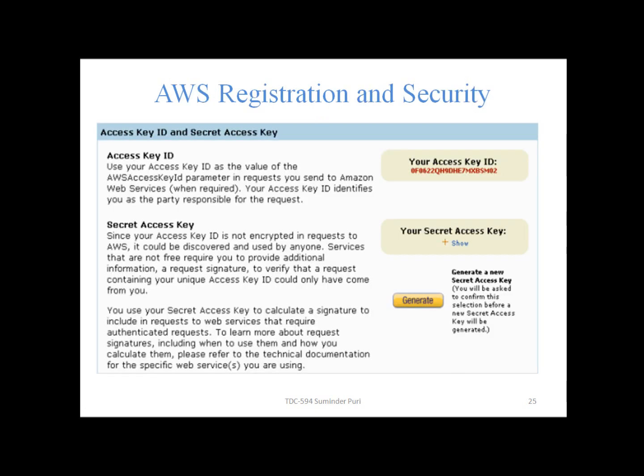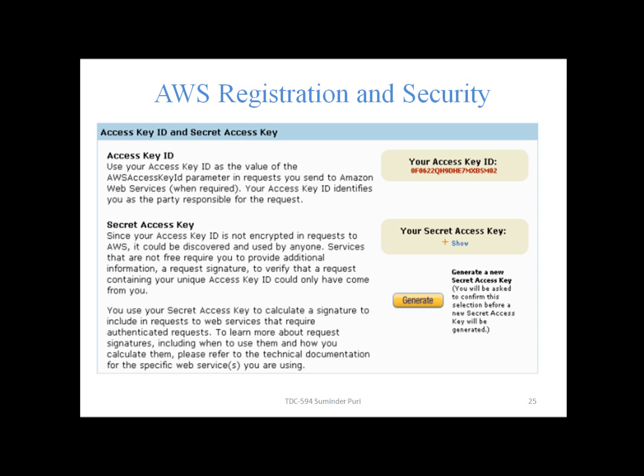When you register to apply for the web services, you get the access key ID. Your access key ID identifies you as the party responsible for a service request. You use access key IDs as the value of the AWS access key ID parameter in requests you send to the Amazon Web Services when required.